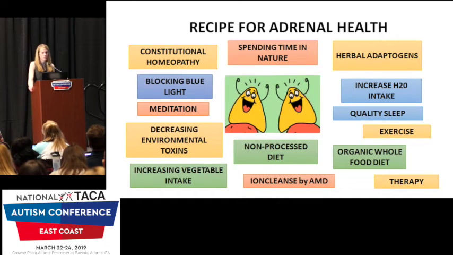Blocking the blue light, making sure that they're having good quality sleep, increasing your water intake, increasing salt intake, decreasing environmental toxins, making sure that the diet is as clean as it can be, increasing vegetables in any way that you can, and then exercising as well. And these all can make up good adrenal health, whether that be for your child or for yourself.